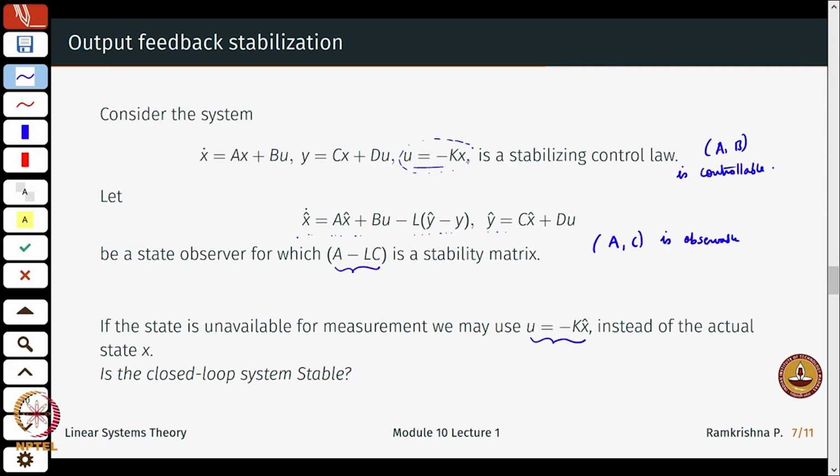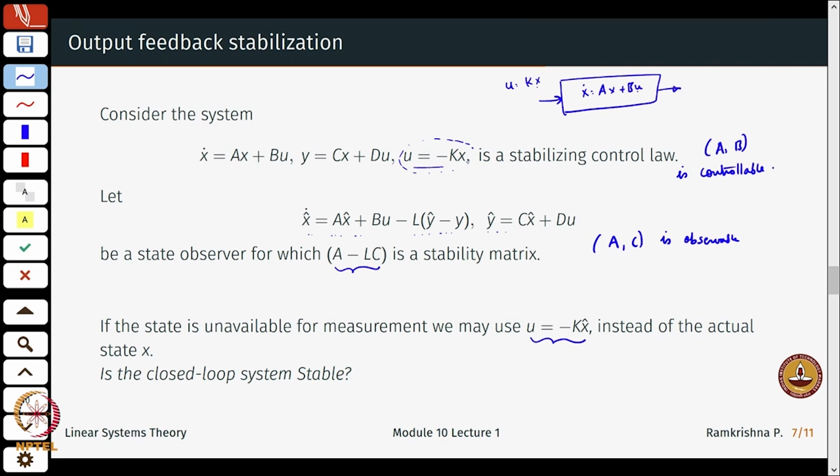Loosely speaking, what I am trying to do here is x dot is Ax plus B times u, where I would want u to be some k times x, but I do not have x for measurement.